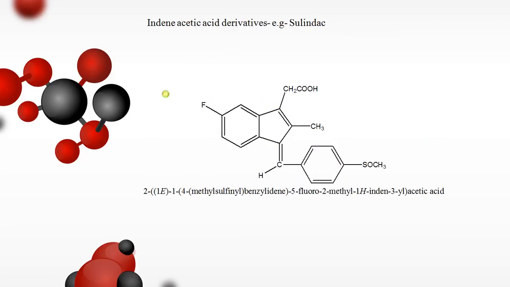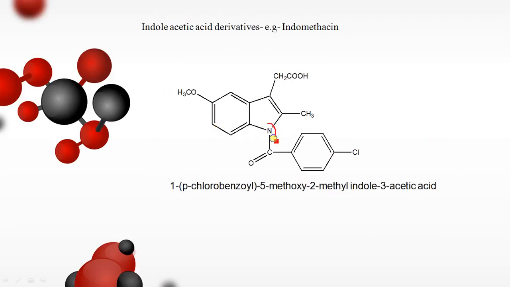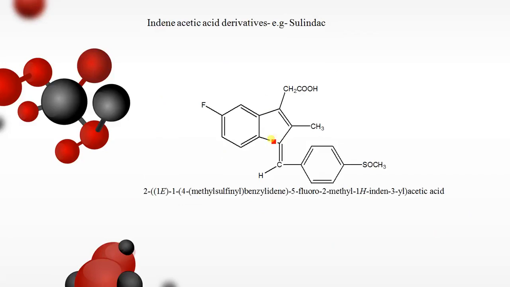Next one is indene. This one is the indole, and this is indene, with a carbon-carbon double bond, which means E/Z nomenclature is applicable for this unsaturation. Geometrical isomers are there, so it is Z. Again, this is acetic acid at the third position.